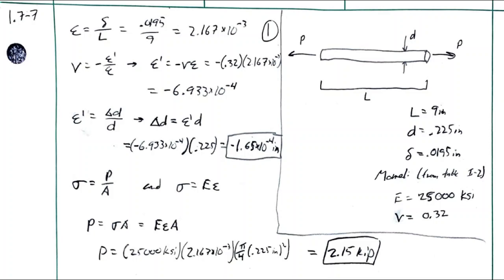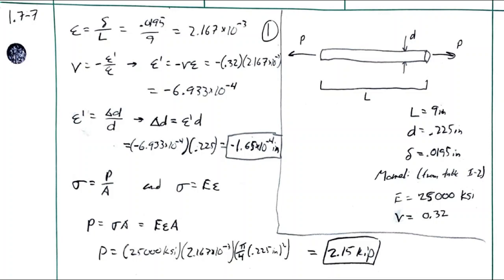And that's important because we care about the change in the diameter, which is related to epsilon prime. So we plug in our numbers. In line 2, I forgot to label it, sorry about that, and we find epsilon prime is about 0.00069 negative, because if it gets longer, that means that the diameter has to get smaller.